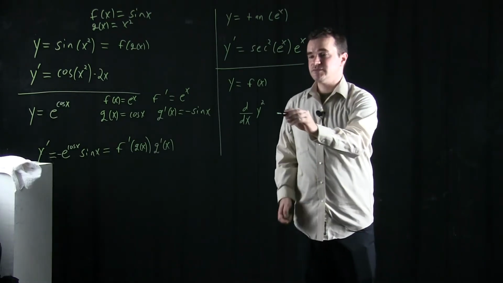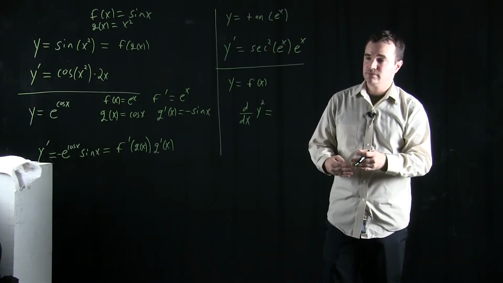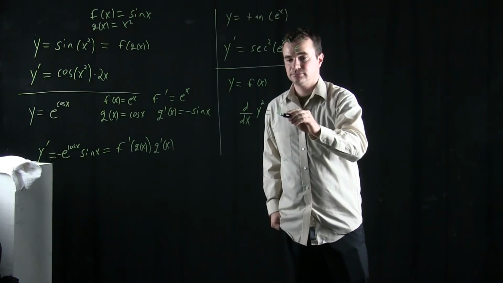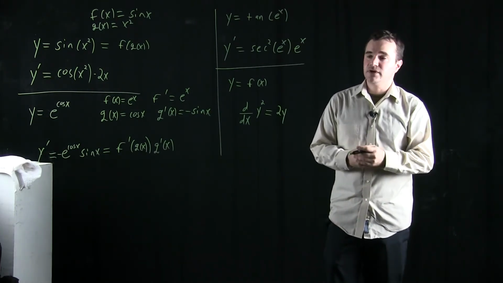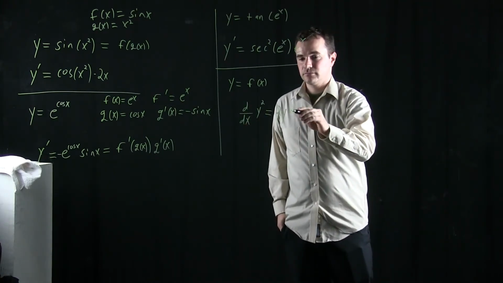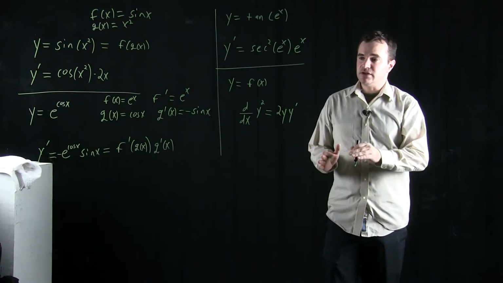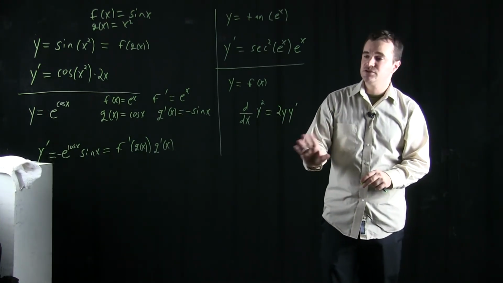Now the chain rule tells me I have to take the derivative of my outside function. The derivative of y squared is 2 times y. And I multiply it by the derivative of the inside function. The derivative of the inside function is just y prime. And so one thing that students get confused about initially is they see this expression and they want to say that the answer is just 2 times y.